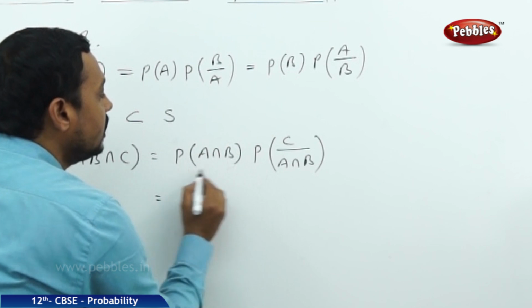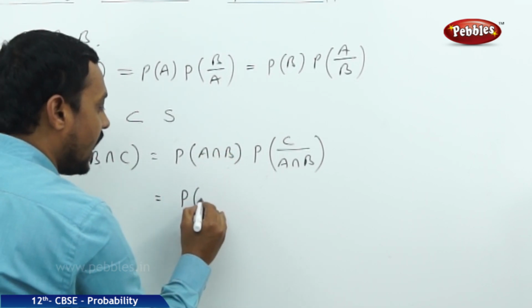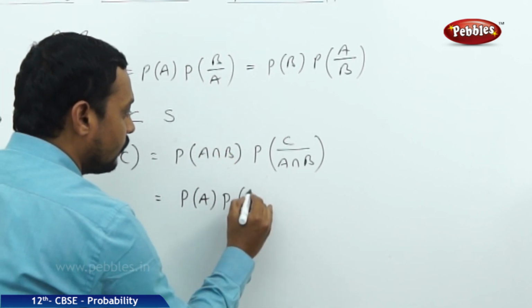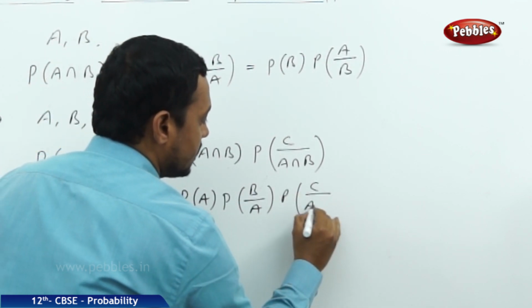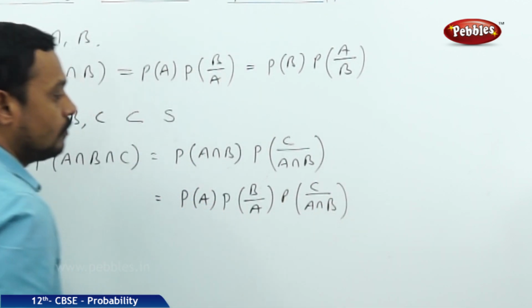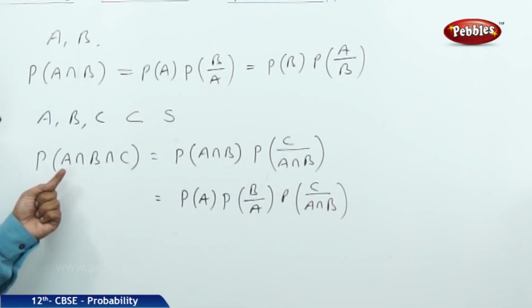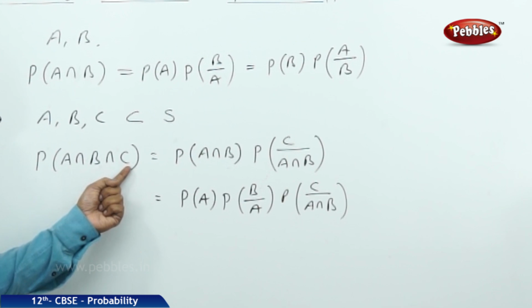Now we can write this P of A intersection B again as P of A into P of B by A into probability of C by A intersection B. Therefore, the probability of A intersection B intersection C.